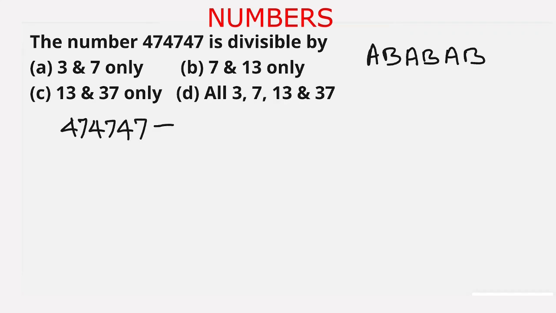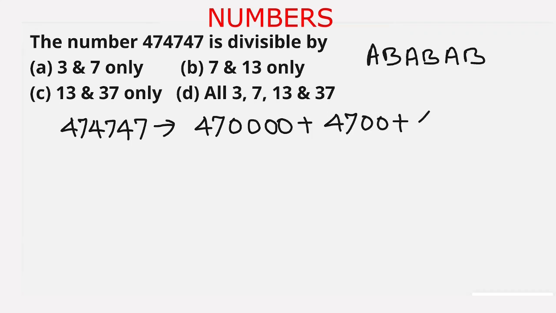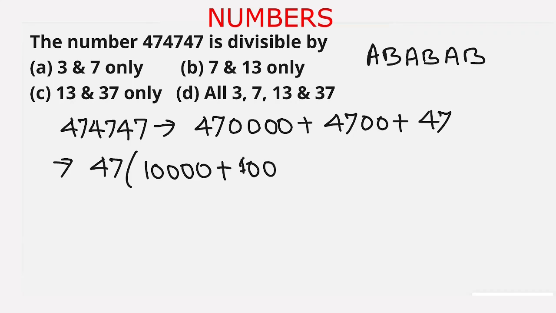474747 can be written as 470000 plus 4700 plus 47. If we take 47 common, then the first number will be 1 and then 4 zeros, plus the second number will be 1 and then 2 zeros, that is 100, and the third number 47 will be 1 when 47 is taken common.